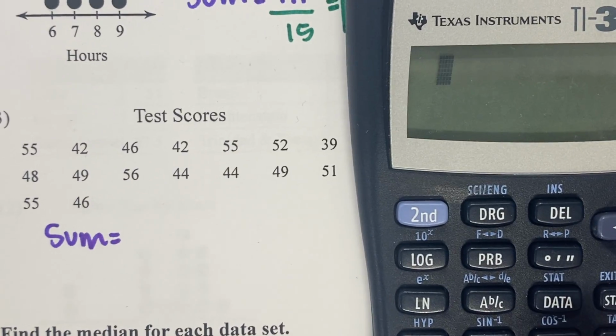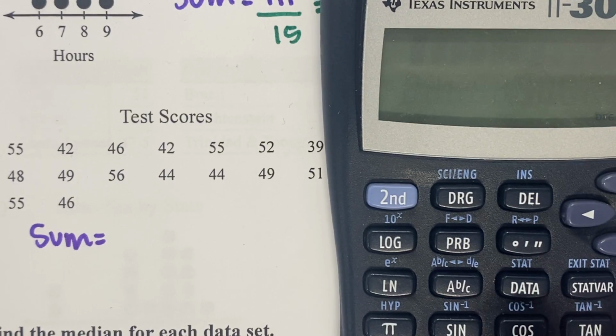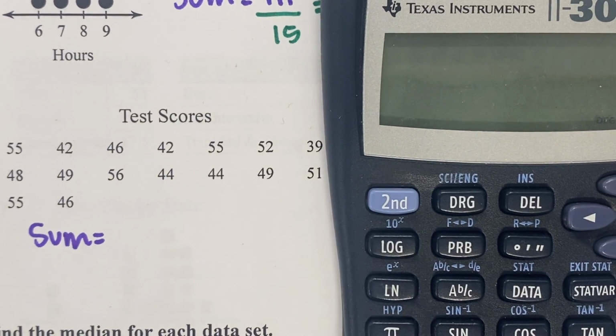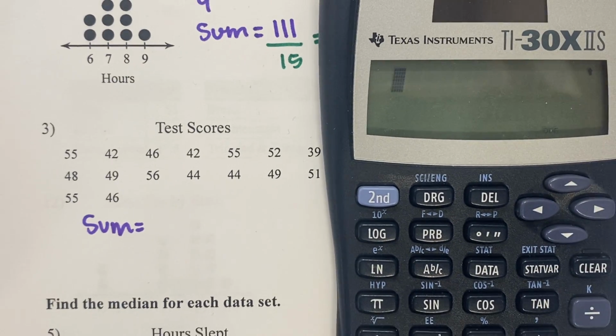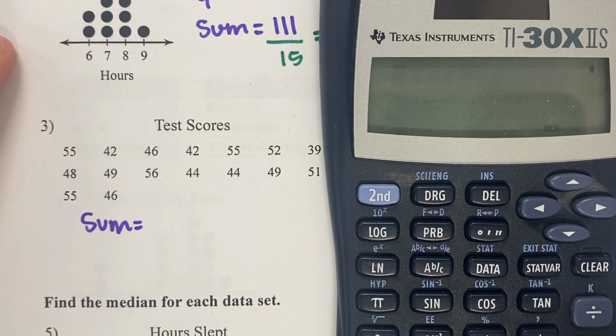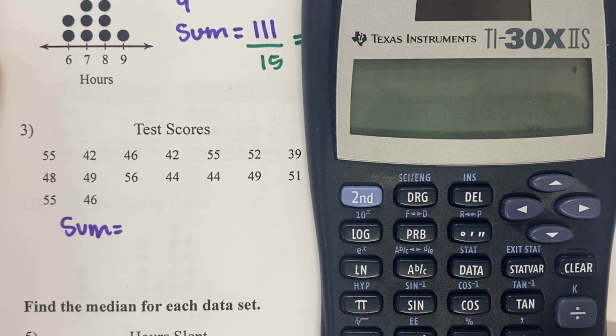I'm going to show the list in my calculator. In fact, I'm going to zoom out just a little bit so you can see my whole screen and all the numbers.